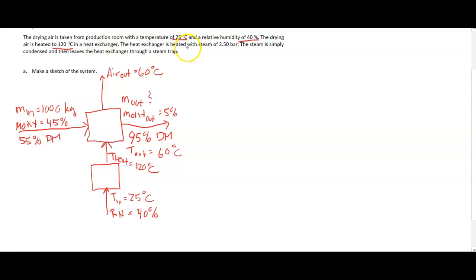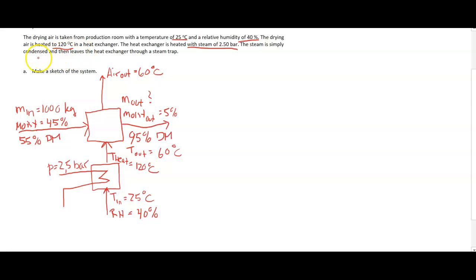Then we get the information that the heating apparatus here is heated with steam at a pressure of 2.5 bars. So pressure 2.5 bars.